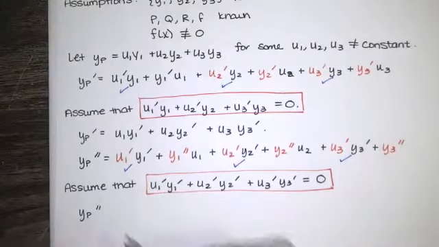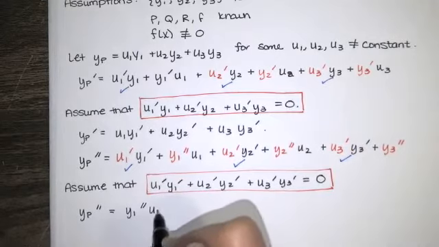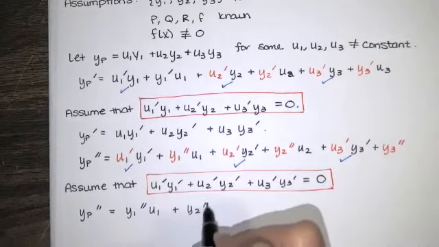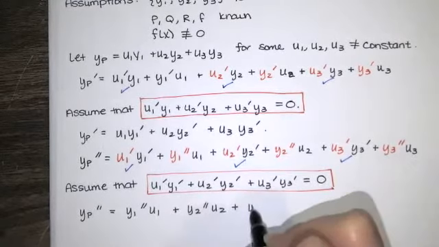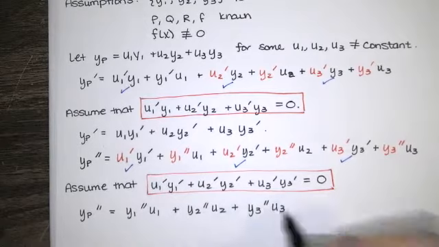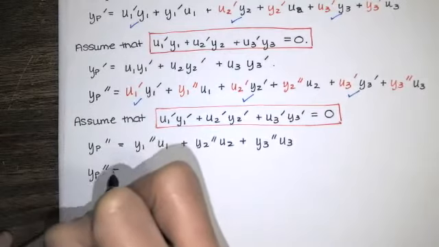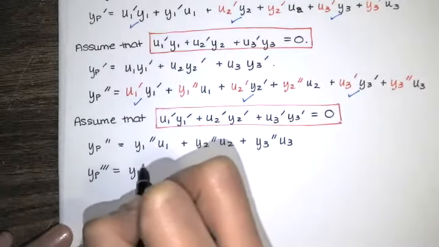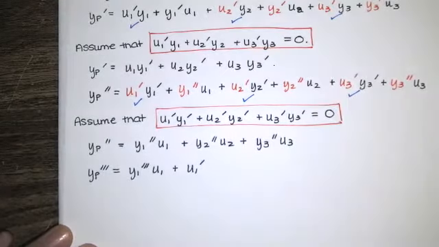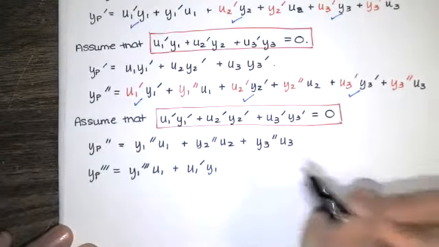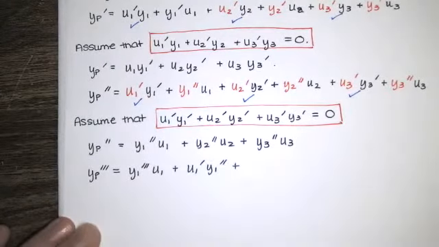So now under this assumption, y sub p double prime is equal to this. Oops, I forgot to write my u sub 3 there. Now let's take the derivative again. We have derivative of the first times the second plus derivative of the second times the first. And I forgot to use my color.